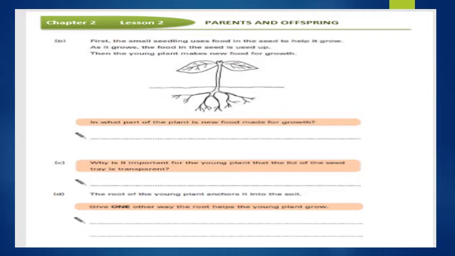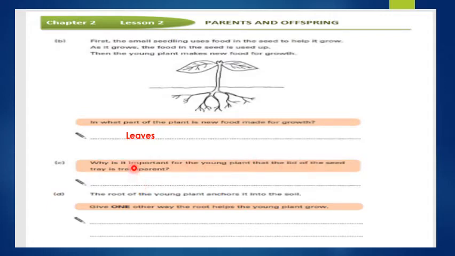In what part of the plant is new food made for growth? I think it's very easy, and we know the factory of the plant which makes photosynthesis. Yes, the leaves.